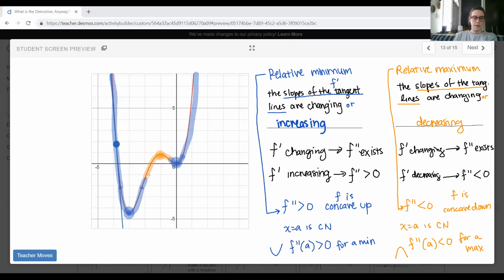So hopefully you're looking somewhere here, and it looks like there's another one somewhere there, right?